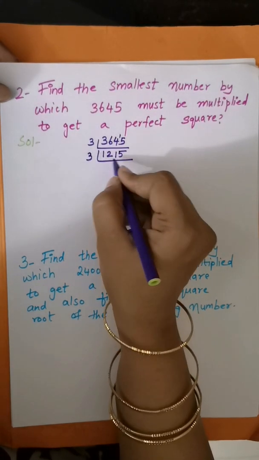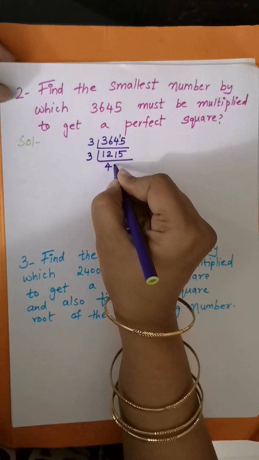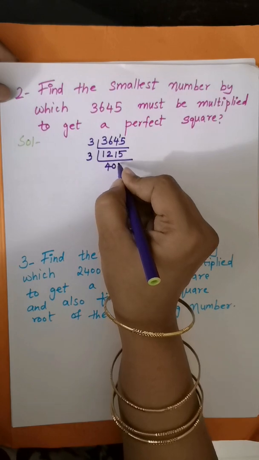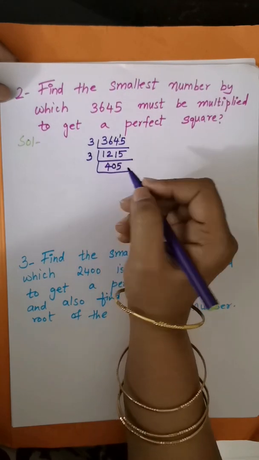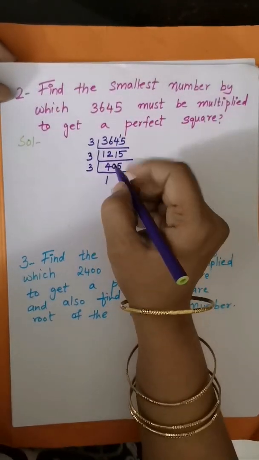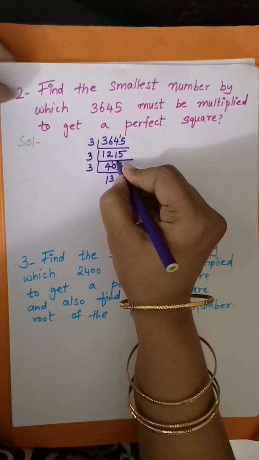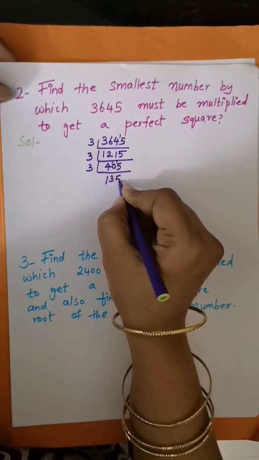Again we can take 3 4s are 12, then 1 is small, so we take 0, and then you have to consider 15. 3 5s are 15. Okay, again 3 ones are 3, 1 extra will go here, 3 3s are 9, 1 extra here, 3 5s are 15.